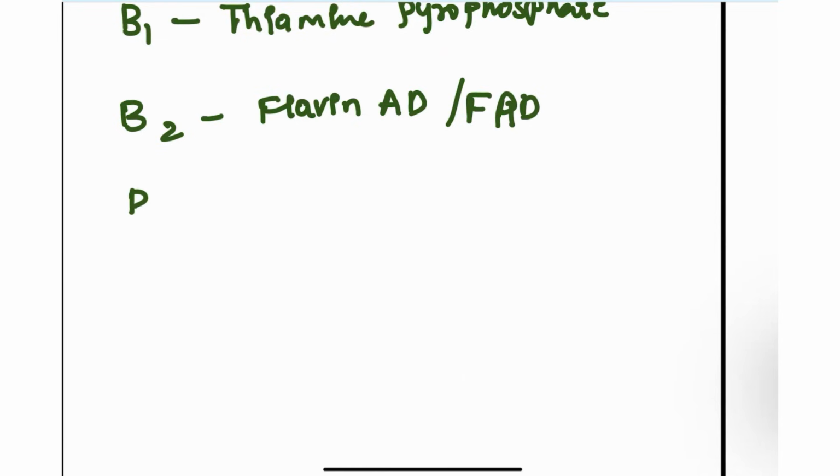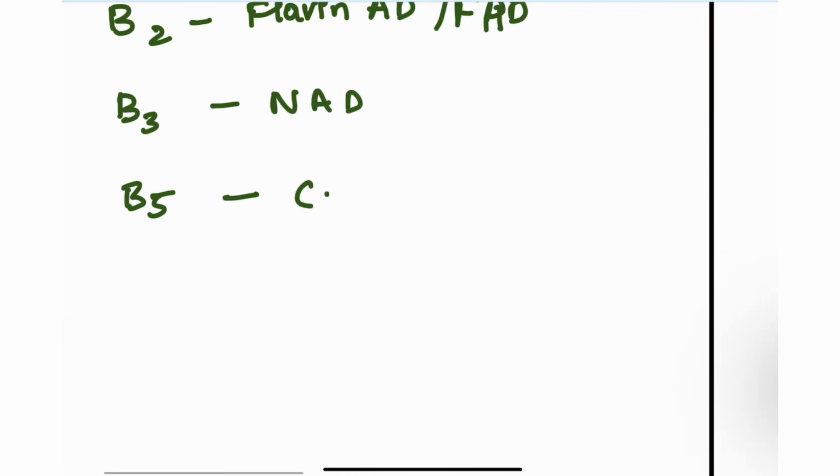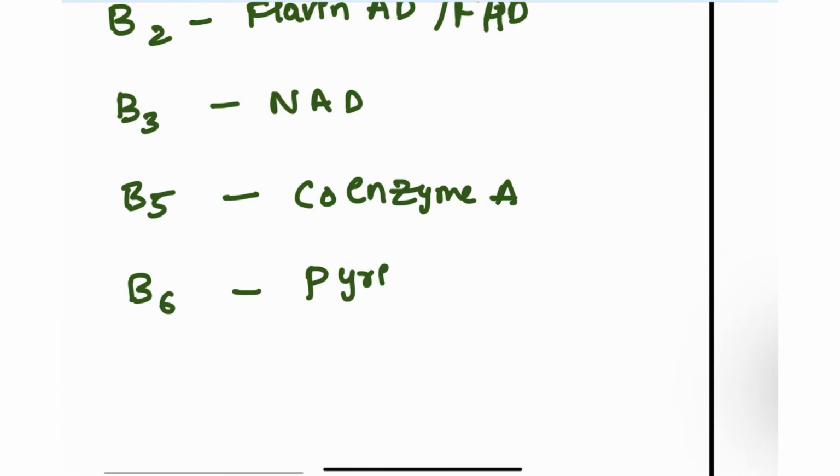Next, B3, nicotinamide, and B5, pantothenic acid. Coenzyme A is the active form for B5. And B6, pyridoxine, the active form is pyridoxal phosphate.